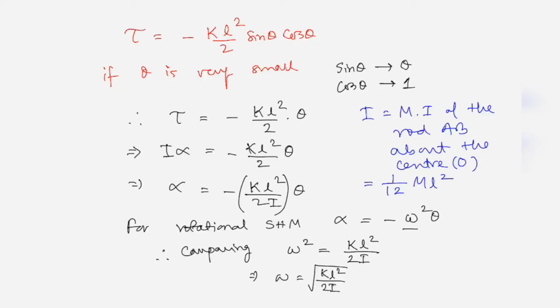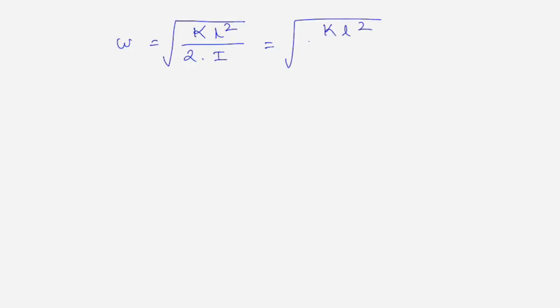We have to put this value of I here. So omega equals root over of k L square by 2I. Let's put I equals 1 by 12 M L square, right or wrong? So it becomes root over 6k by M.